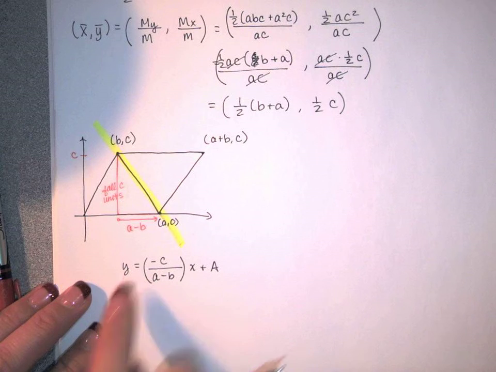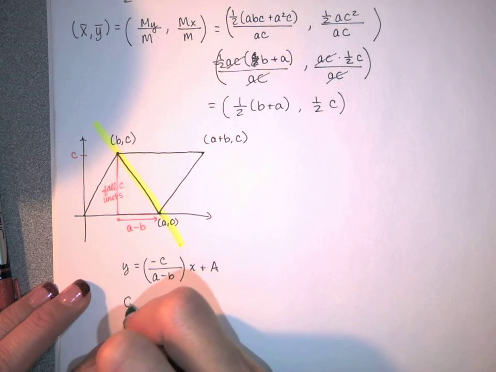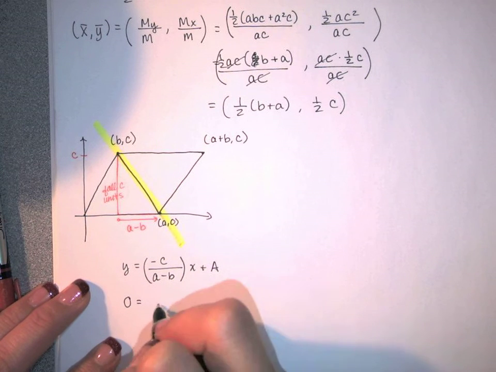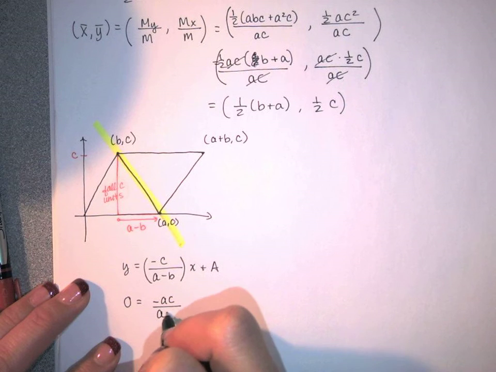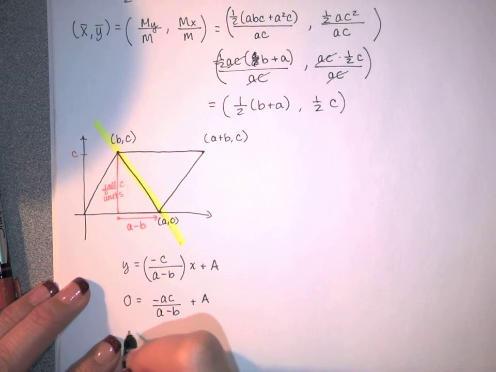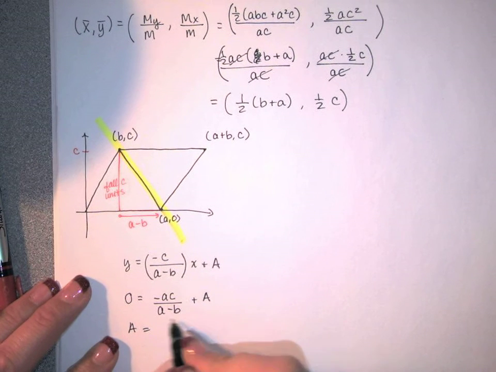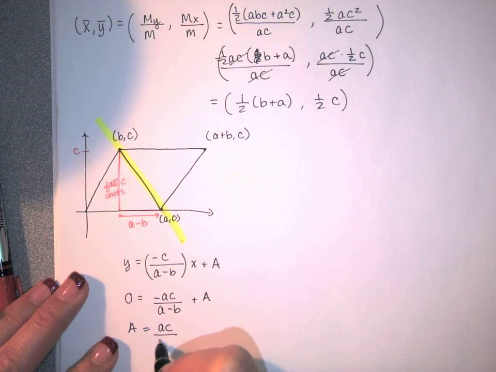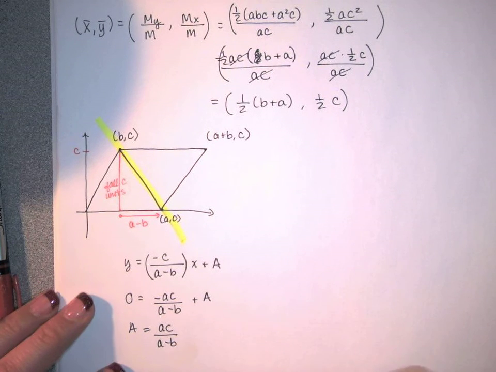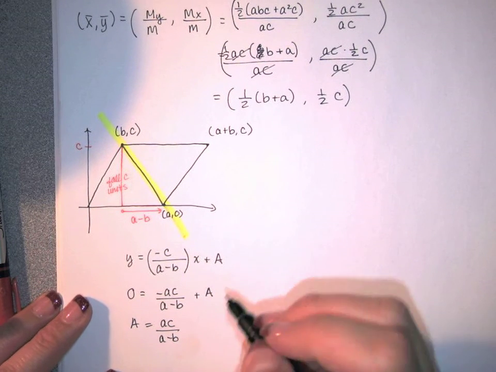When x equals a, y has to be 0. So if x equals a, I'm going to have a negative ac in the numerator over a minus b. So capital A must be the opposite of this. If I add that to the other side, I get capital A equals ac over a minus b.